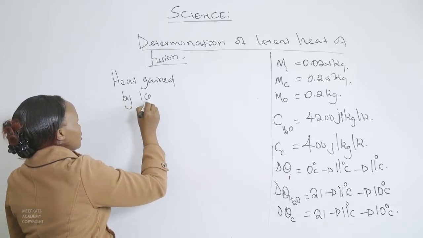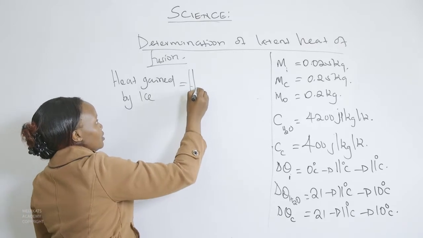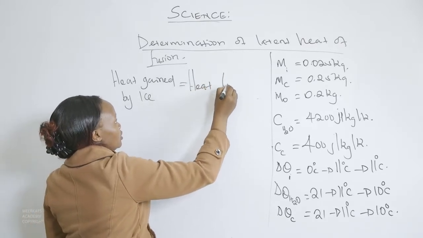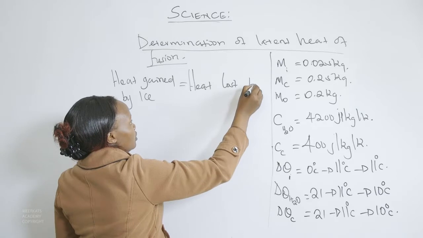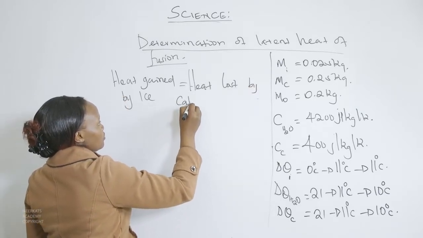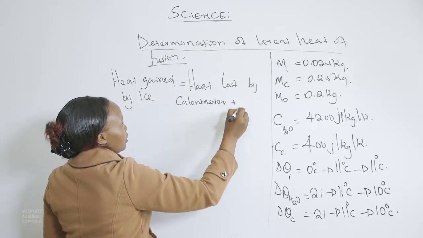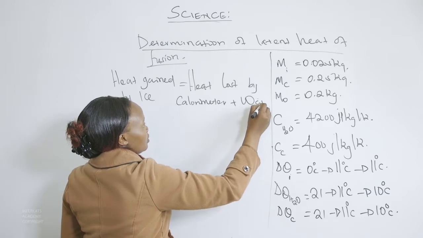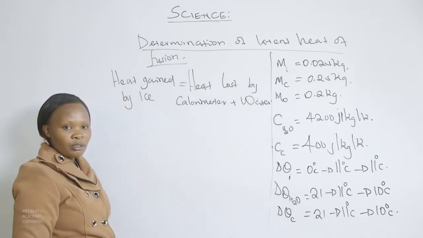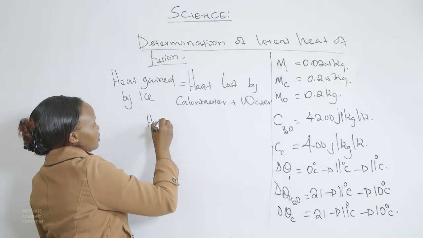Now, what we know is that heat gained by ice is equal to the heat lost by the calorimeter plus water. Probably we can start by looking at the heat lost.